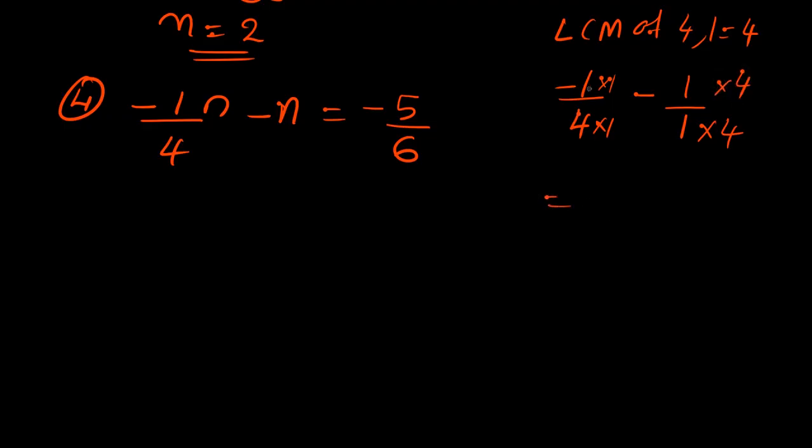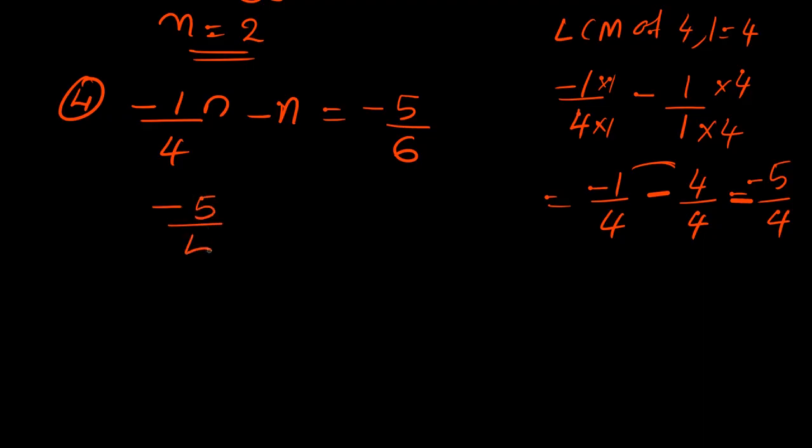So the question changes to negative 1 over 4 minus 4 over 4, which is equal to, subtracting the numerators, negative 1 minus 4 is negative 5 over 4. So the left side is negative 5 over 4 n is equal to negative 5 over 6.